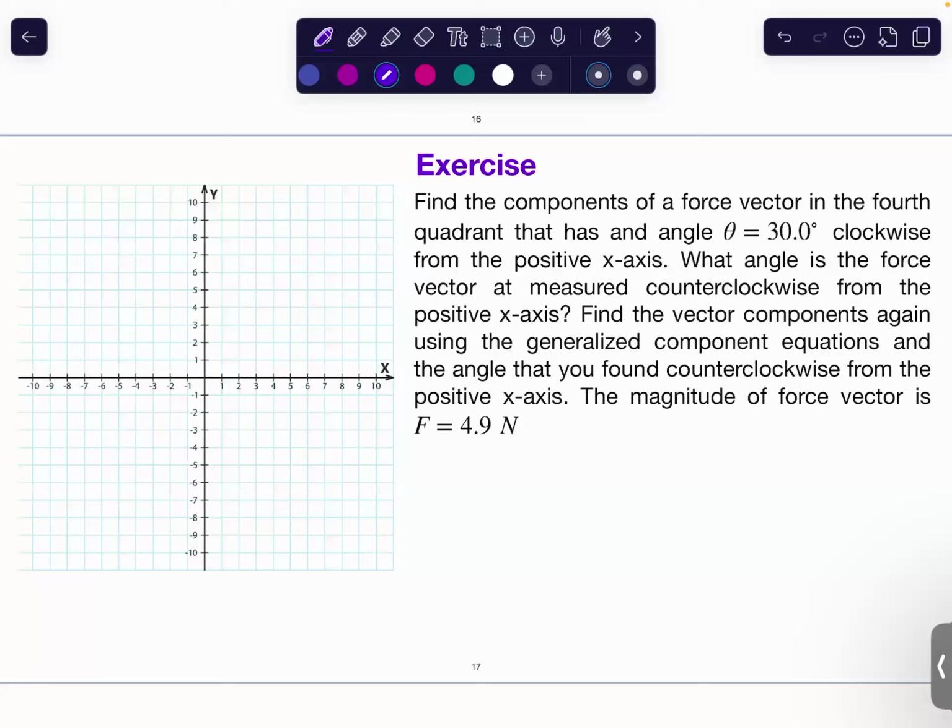Starting from the x-axis, it'd be like this. So you're going to have a vector going, first angle.